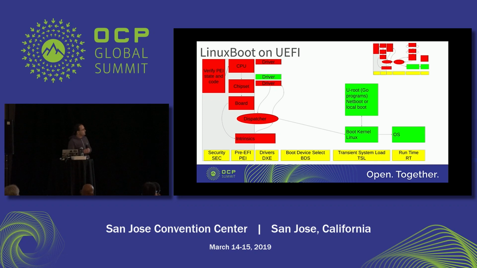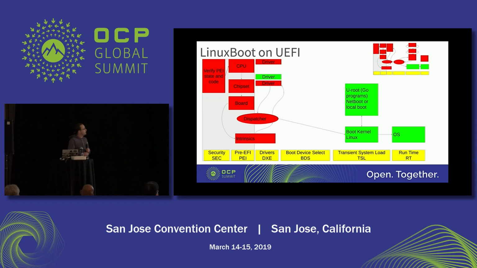Now with Linux in the system acting as a bootloader to boot your actual operating system, there's a whole lot of pieces of the drivers that you can remove, and probably a lot of drivers that you can potentially replace with their open source counterparts.